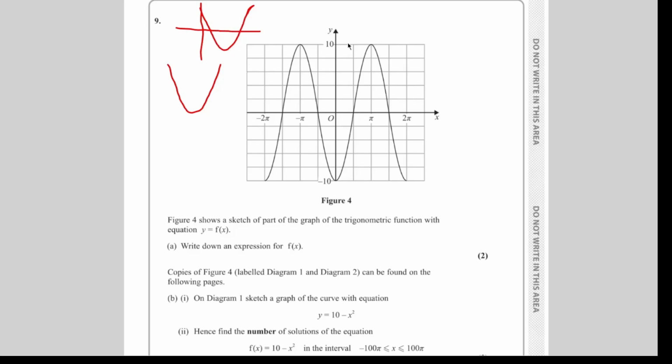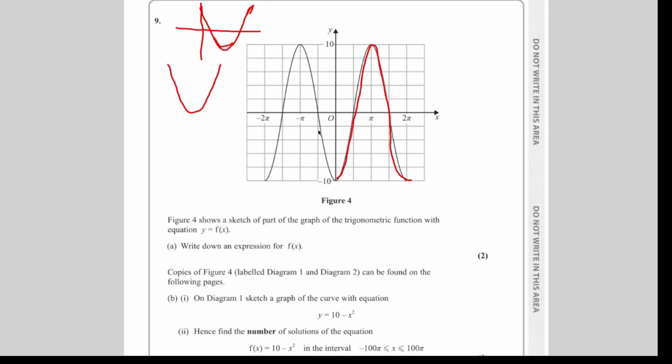Can you spot this part? So this is the original one. I can see that the original part is flipped over here.